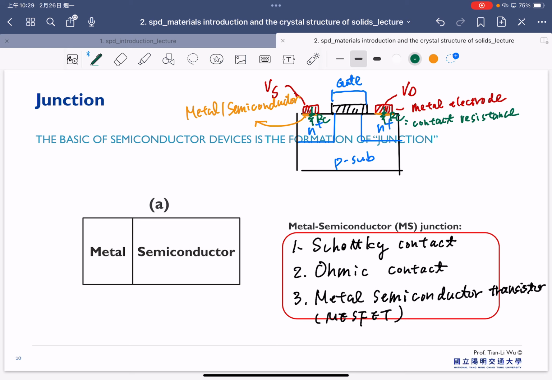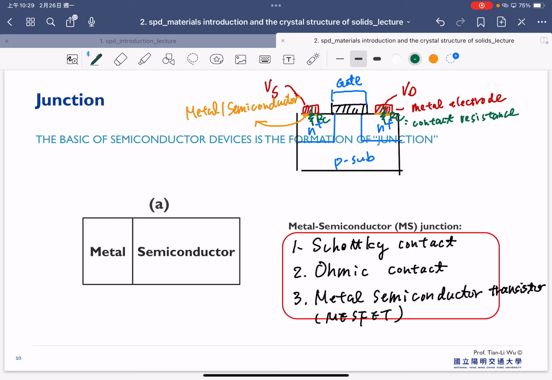That should be characterized as shown as the RC here. This is because the metal and semiconductor are different materials, so there definitely is a certain resistance in between. And therefore, we have to figure out what the contact type can be in the metal semiconductor.